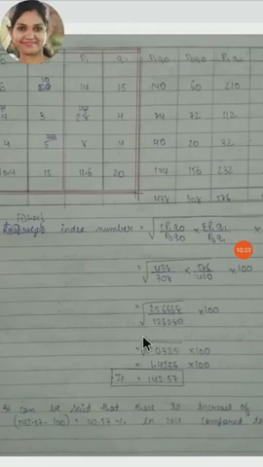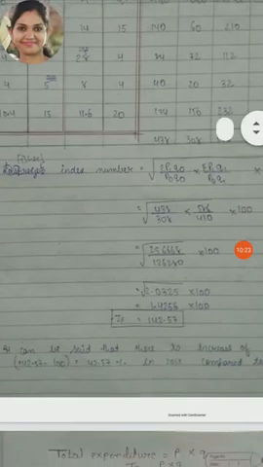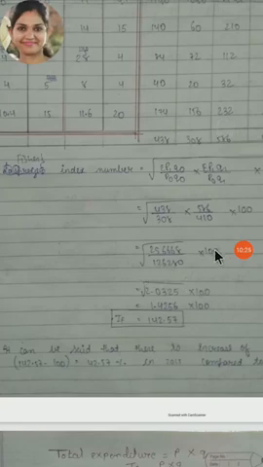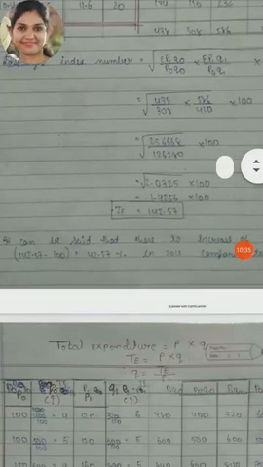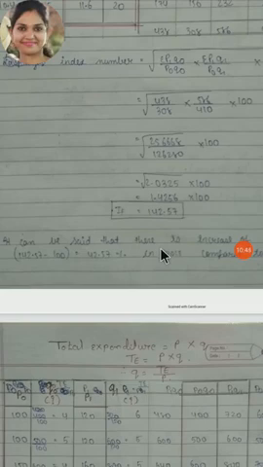It means 1,26,280 into 100. Then do the division. So you will get this 2.0325 into 100, and at last you will easily find your final answer. IF is equal to 142.57.